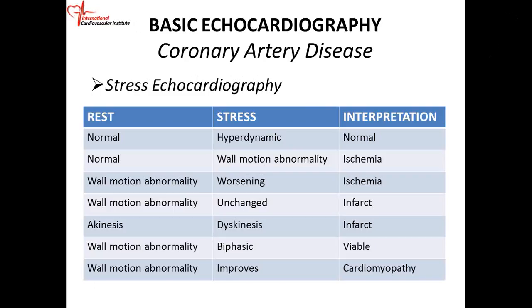Or at least they should achieve 85% of the maximum heart rate. Again, the maximum heart rate is 220 minus the patient's age. All they have to do is achieve 85% of that.